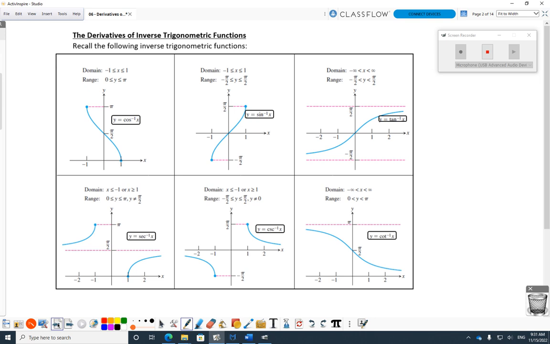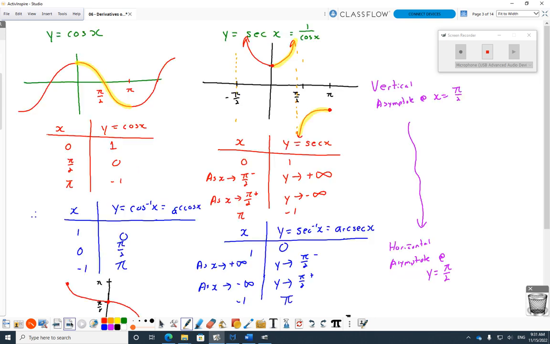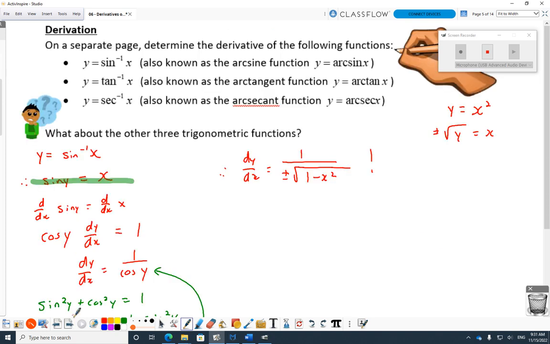The sine inverse loop I selected when I graph it only increases. So I can make that statement. y equals sine inverse x is increasing. Therefore, dy by dx equals 1 over square root 1 minus x squared.